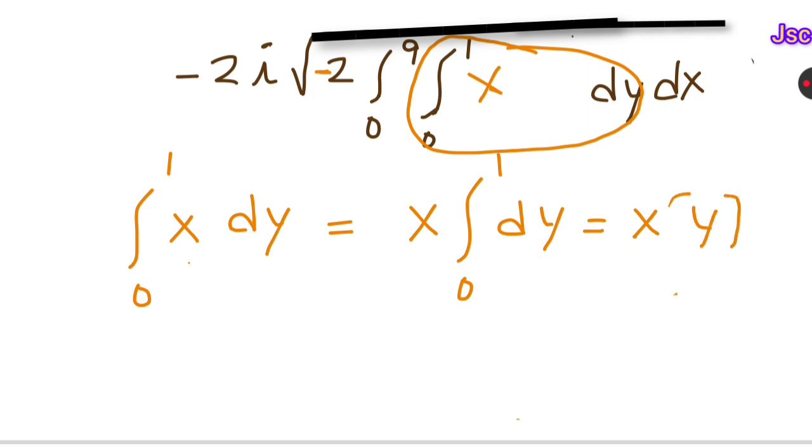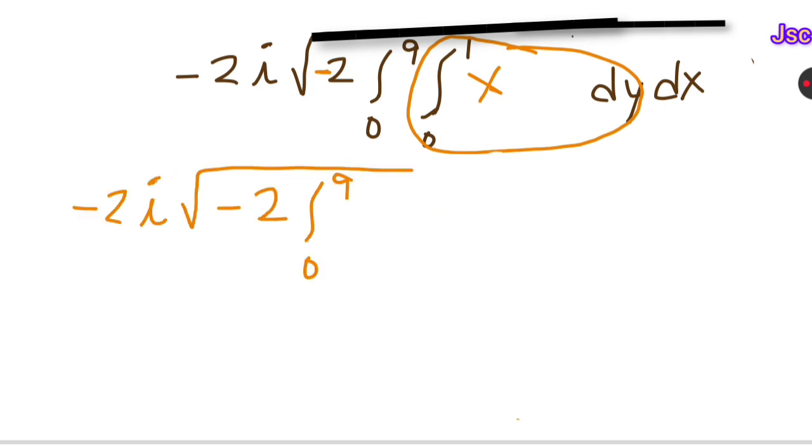Now apply the limits. Our lower limit is 0, upper limit is 1. So that is equal to x times the upper limit 1 minus the lower limit 0, which is x. So the integral from 0 to 1 of x dy has the value x. And still we have dx.